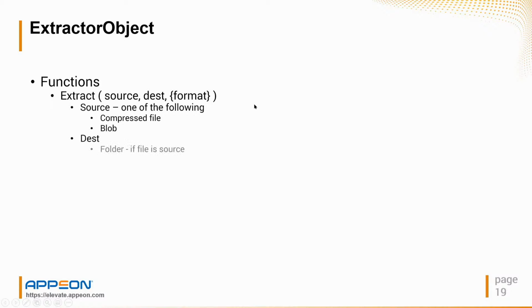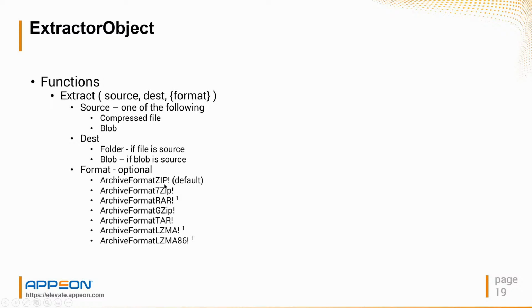The destination will be a folder if a file is the source, or it will be a blob if a blob is the source. Once again, the format is optional. The default is zip. Now, there were 4 different compression formats supported by the compressor object. The extractor object actually supports more.